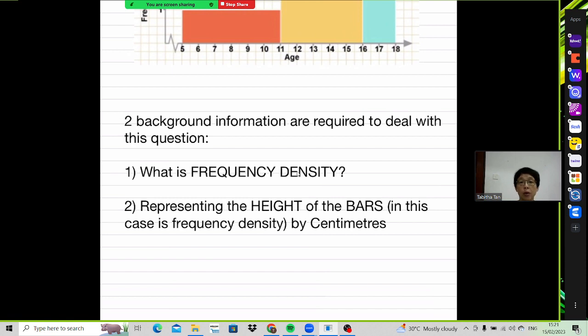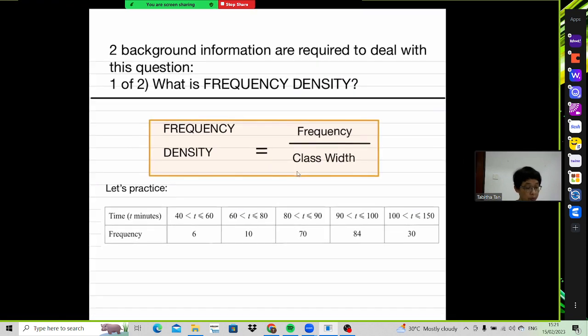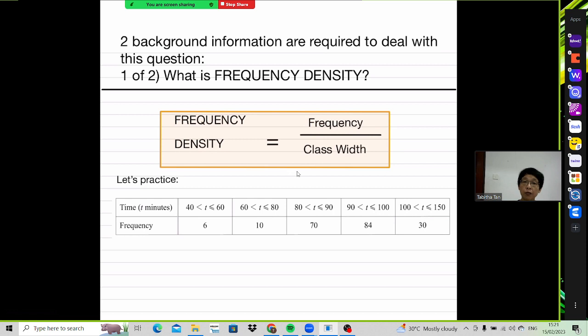The first one, what is frequency density? Second, representing the height of the bars, and in this case, of course, it is frequency density in centimeters. So let's hop into it. Basic information, one of two. The first one, what is frequency density? I've shown here the formula of frequency density.